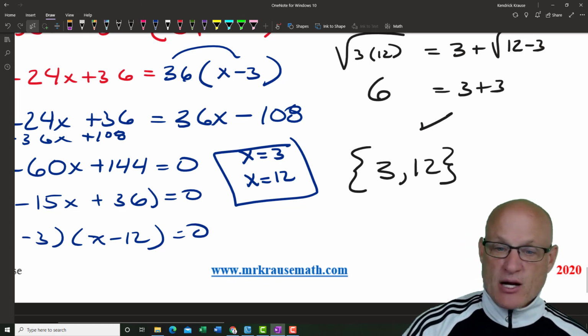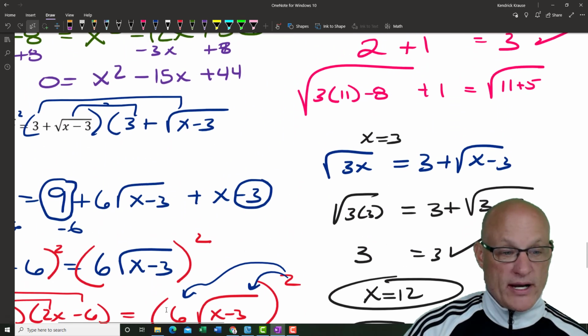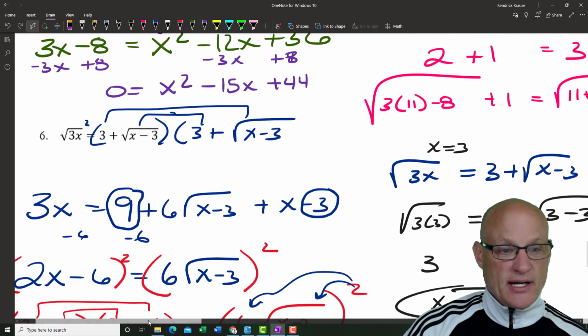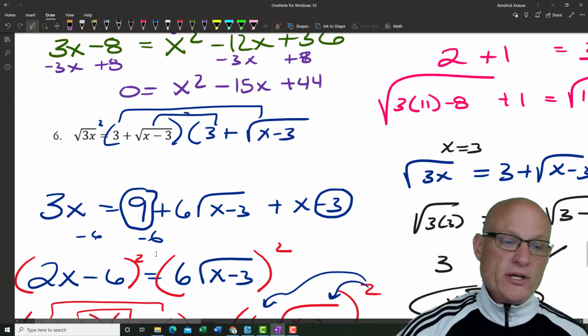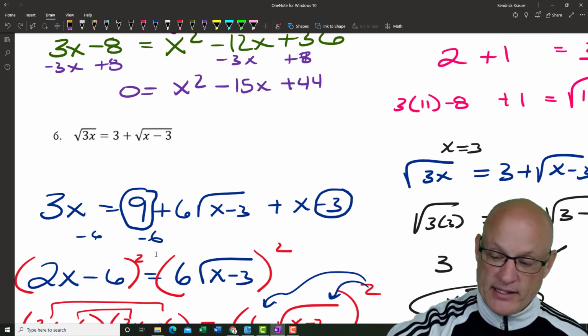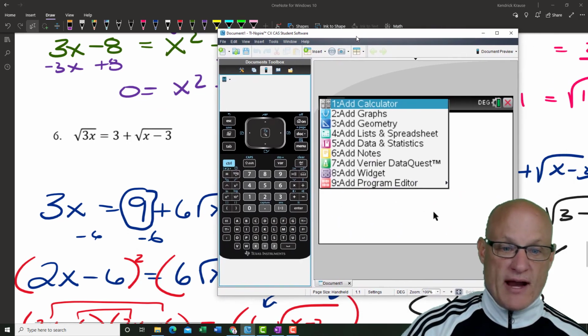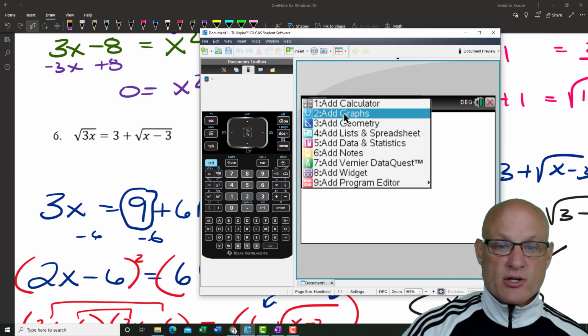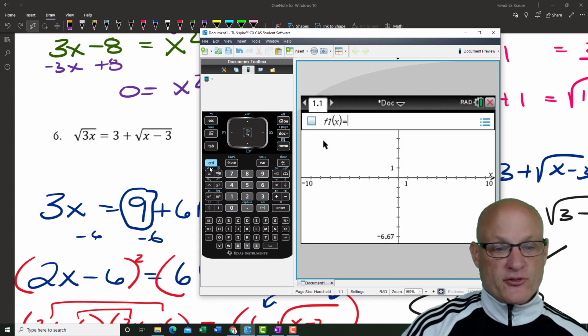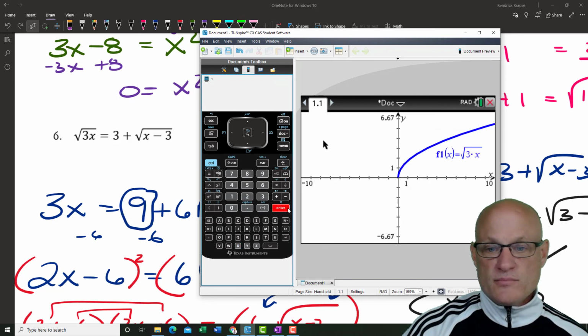Now, one last thing I want to share with you, if you ever want to know how to get the answers or another way to check them, is to do it like this. What we could do is just graph the left side and graph the right side. So let me do that real quick. I know this is going to be a little weird for you, but you could just graph them just to check it. So go into graph mode. So I'm going to graph the square root of 3x. And I get weird stuff.